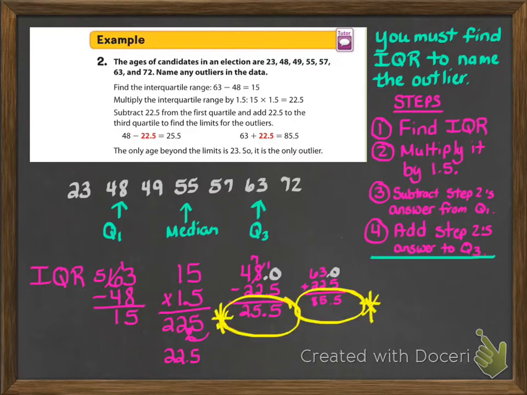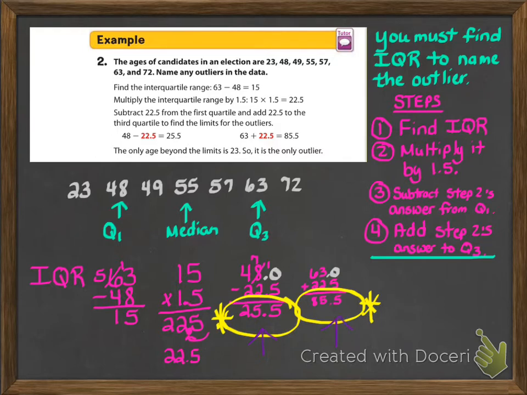So now we need to pay attention to the 2 numbers that I have circled here in yellow. We have 25.5 and 85.5. Now, the definition of an outlier said that an outlier would be a number that falls beyond these numbers. That means in order for something to be considered an outlier, it has to be smaller or less than 25.5, or greater than 85.5.